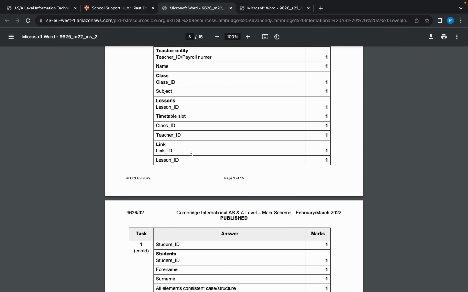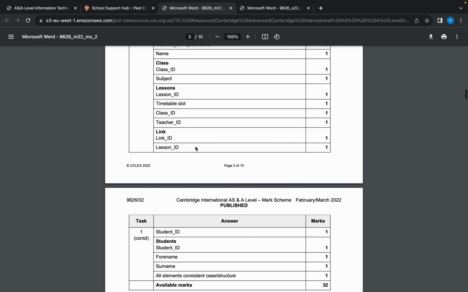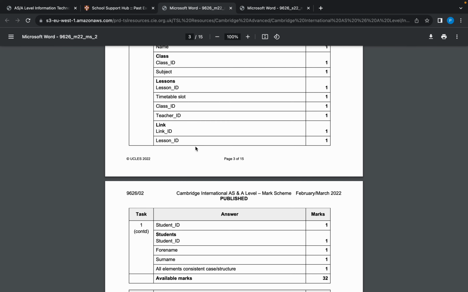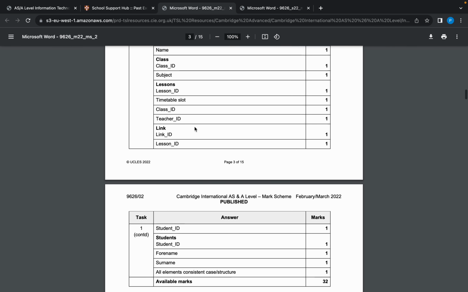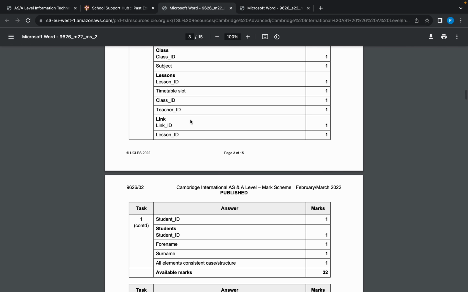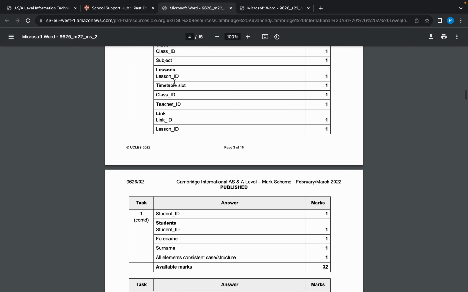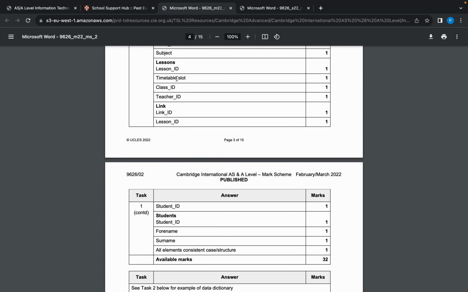Teacher entity ID. Okay, so the teacher needed an ID, which we got. Class ID. Oh, we got all the IDs. So it's teacher, yes. Class, yes. Oh, class with a subject in it. Yeah, we did that right. Lessons ID, yes. Timetable start. Ooh, this is what I got wrong.